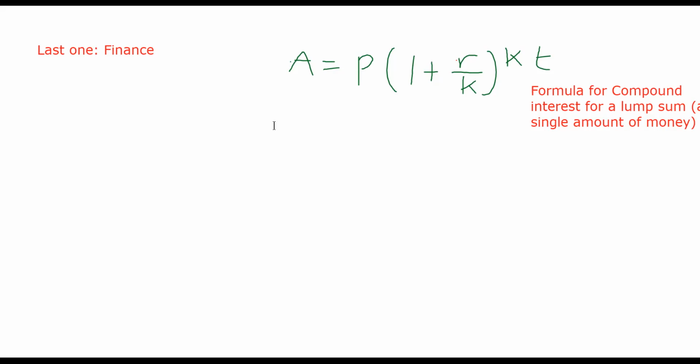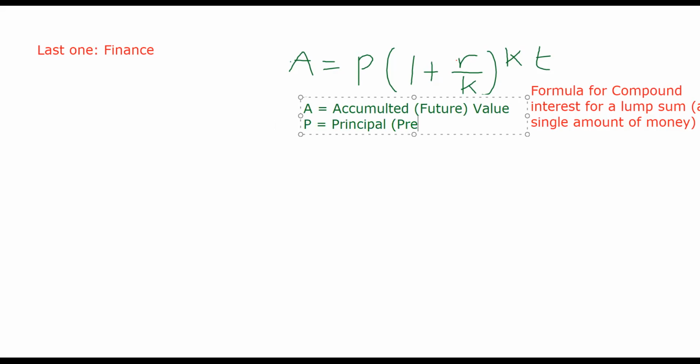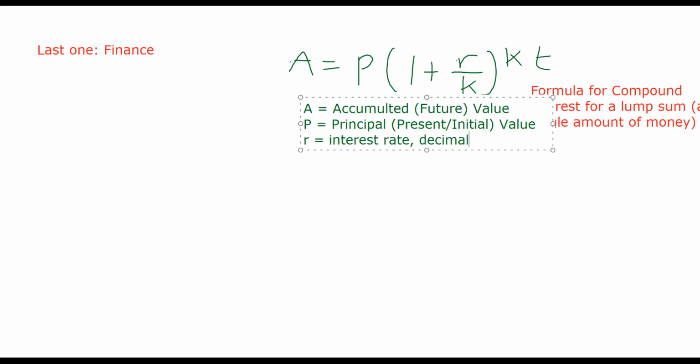Here's what the variables represent. A is going to be the accumulated or future value. It's how much total money you have in the account after so much time. P is going to be the principal or present value. It's how much is in the account at the beginning. R is going to be the interest rate expressed as a decimal.